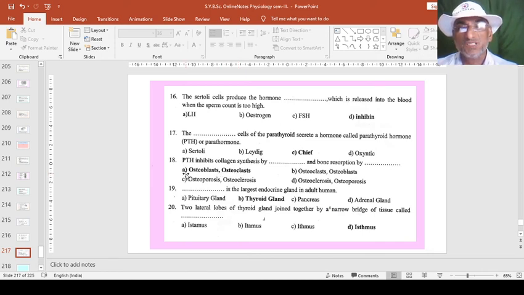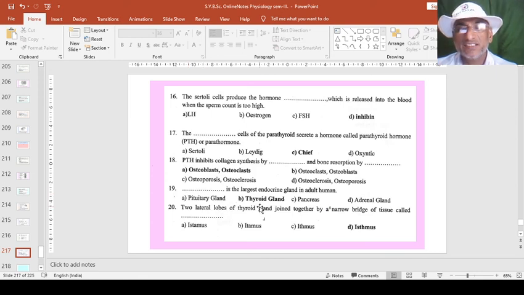Osteo means bone, both are bone cells actually. But here the collagen synthesis is by the osteoblast and resorption is by the osteoclast. So these are the two answers.